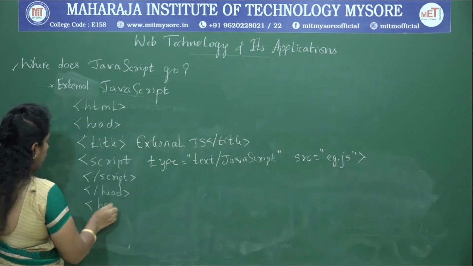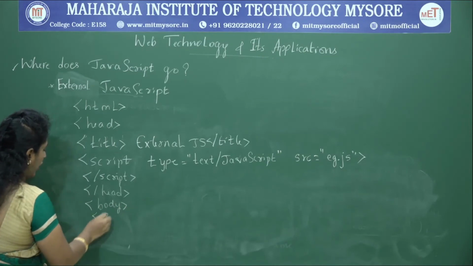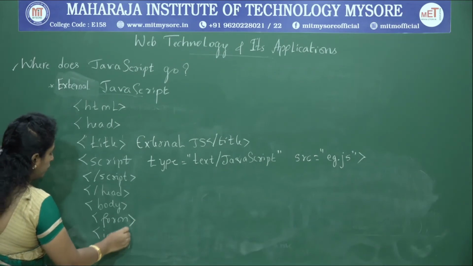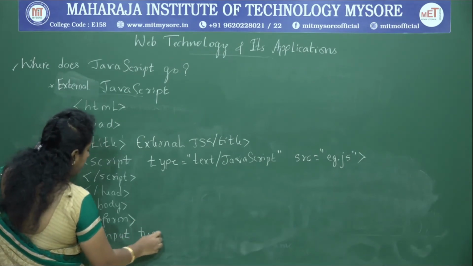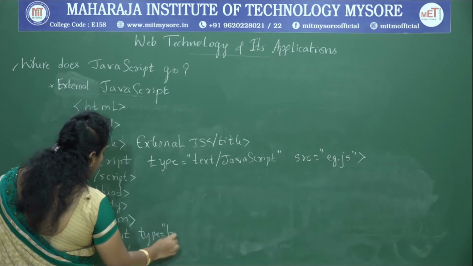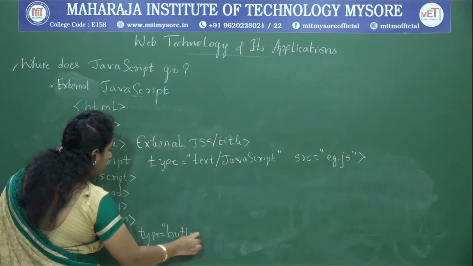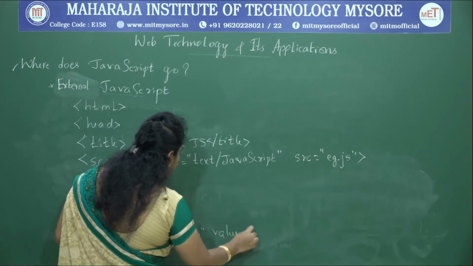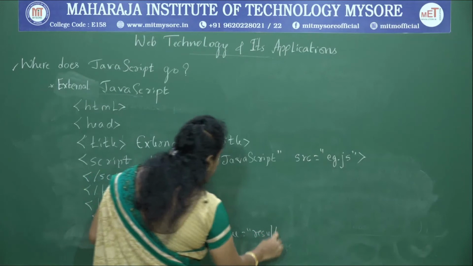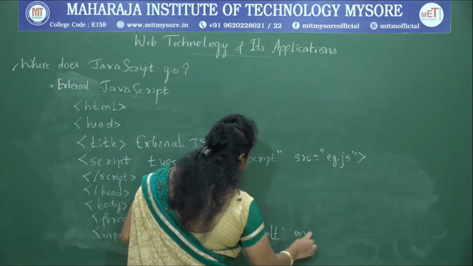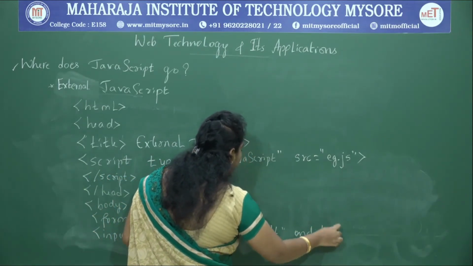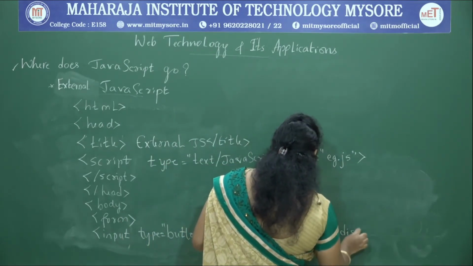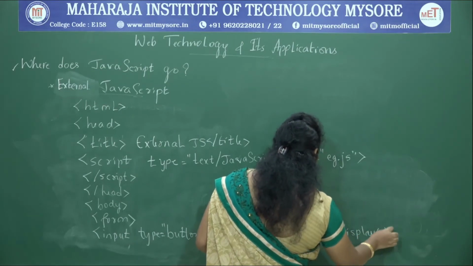Next you have to open a body. Within the body I am going to take an example of a form. So input type is equal to button, then value is equal to result, then onclick is equal to calling a function display.